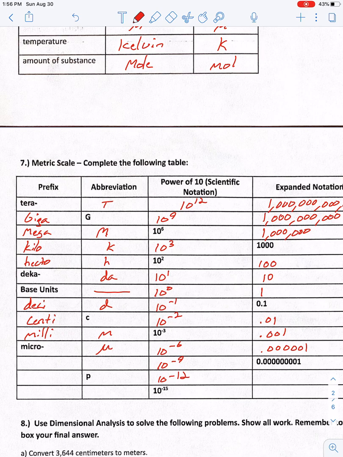The next one is nano, which is just a lowercase n. As you can see, we added more zeros, and that's 10 to the negative 9. Then we have pico, that's 10 to the negative 12. So pico would be 0.0000000. Let me just count to make sure I'm right.